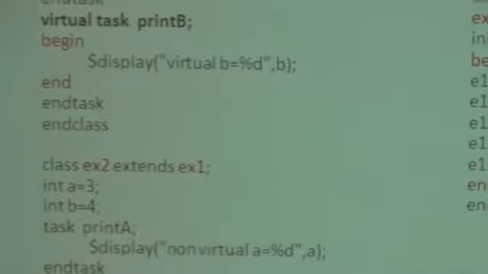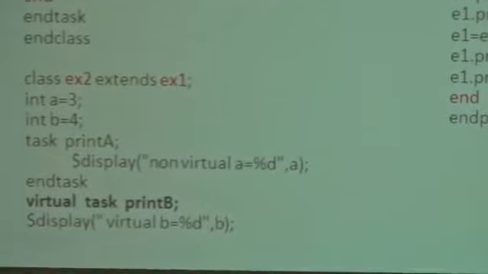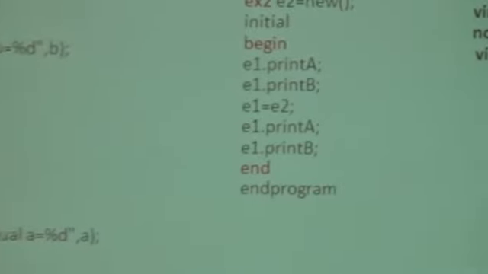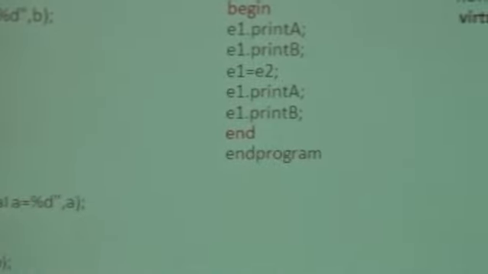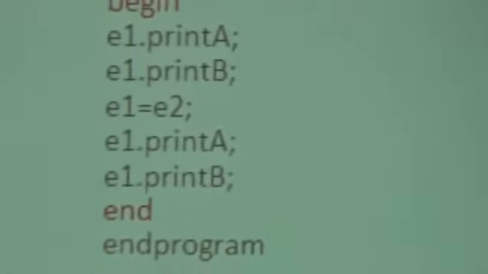Before assigning this, we can access the properties of the derived class using only the object handle e2. But now we can access them using e1 also, using this e1 is equal to e2. Now we will try to print out e1.print a and e1.print b.